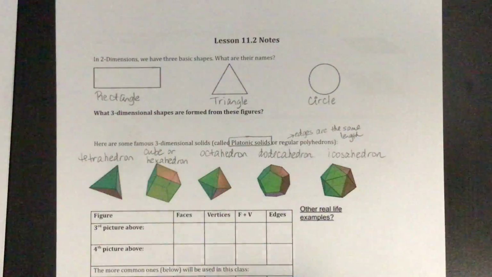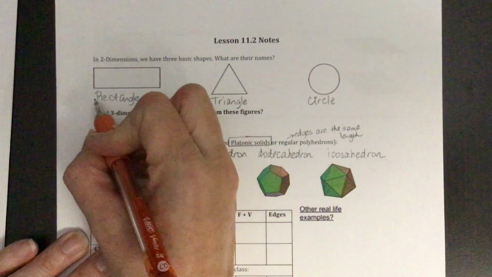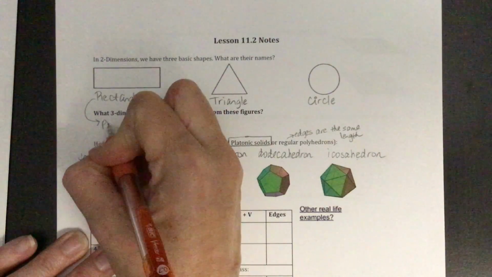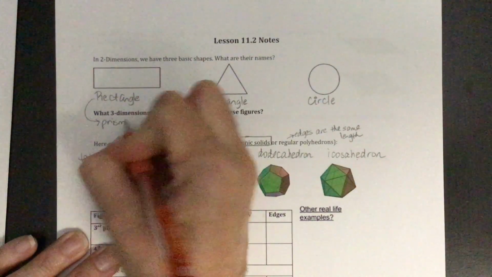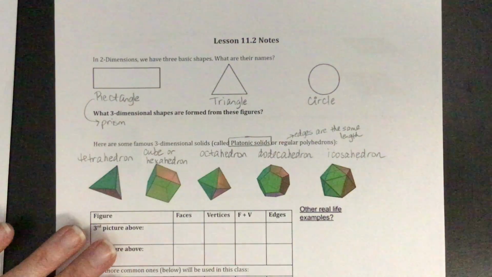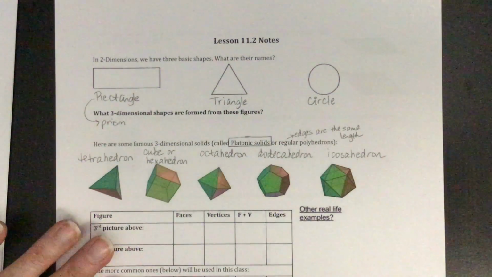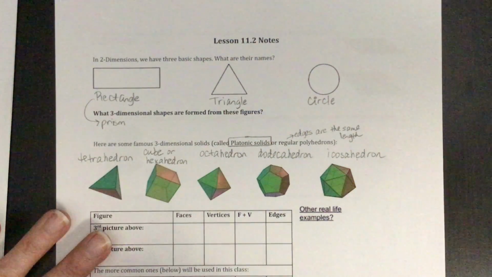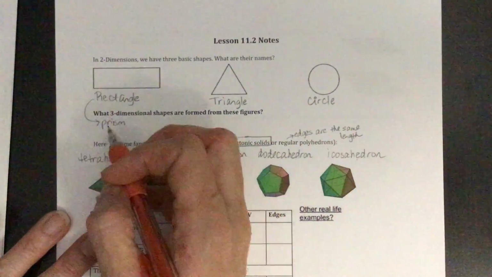So when we're talking about a rectangle, where we'll see a rectangle get used is, for example, in any sort of prism. So there's rectangular prism, there's triangular prism, there's lots of different kinds of prisms. But the rectangle definitely is involved in making a three-dimensional shape called a prism.